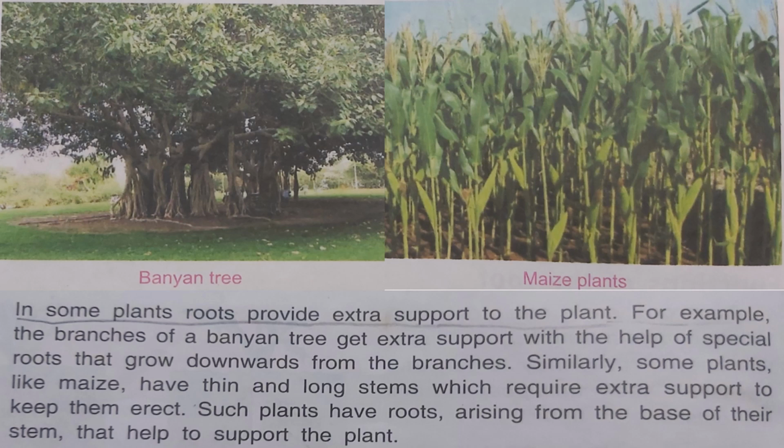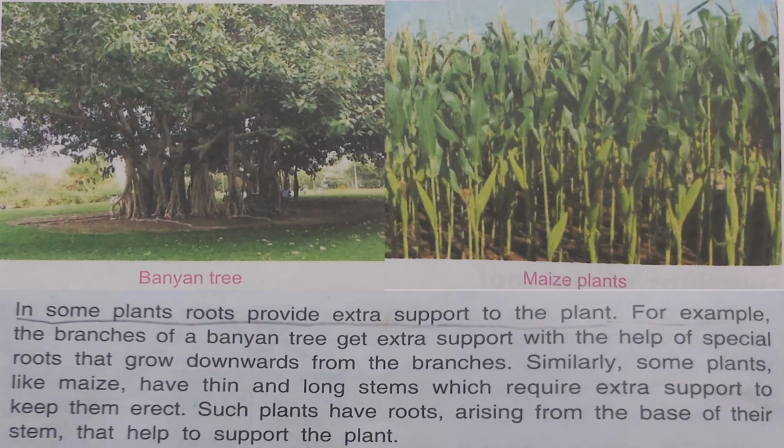But in some plants, roots provide extra support to the plant. For example, banyan and maize plants. See in this picture, on your left side, the banyan tree. The branches of the banyan tree get extra support with the help of special roots that grow downward from the branches.